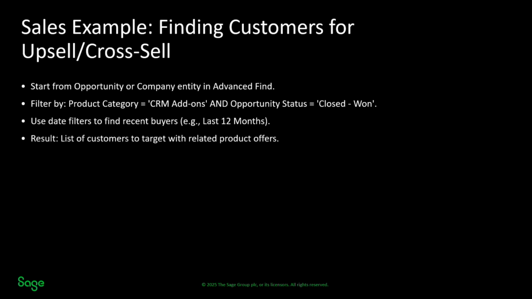The idea of starting from the opportunity or a company entity and then thinking about, do I want to be able to find all of those for whom I've sold a particular product, whose status is in a particular thing? How have I spoken to them in the last 12 months, etc. These are all ways in which you can mine the data in your system to be able to find the opportunities that you want to be able to exploit with your customers.